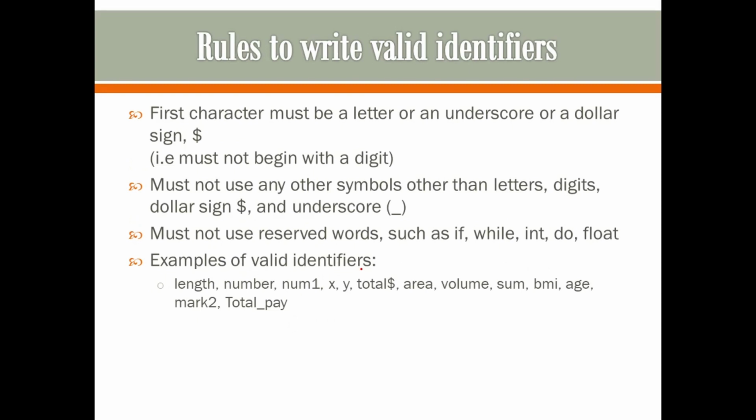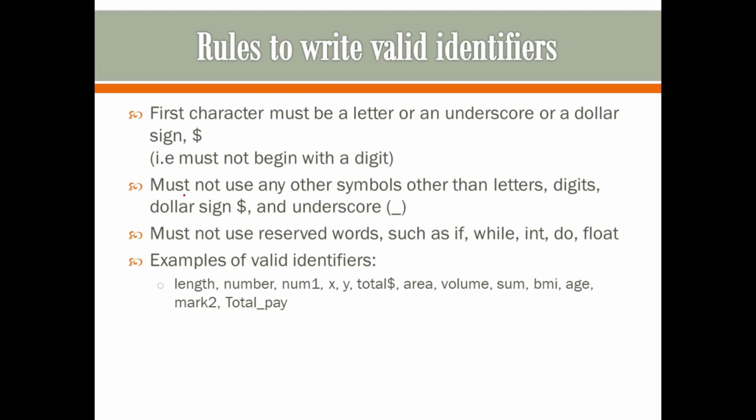How to write a valid identifier? We have rules. First, the first character must be a letter, an underscore, or a dollar sign. If the identifier starts with a digit, it is an invalid identifier.